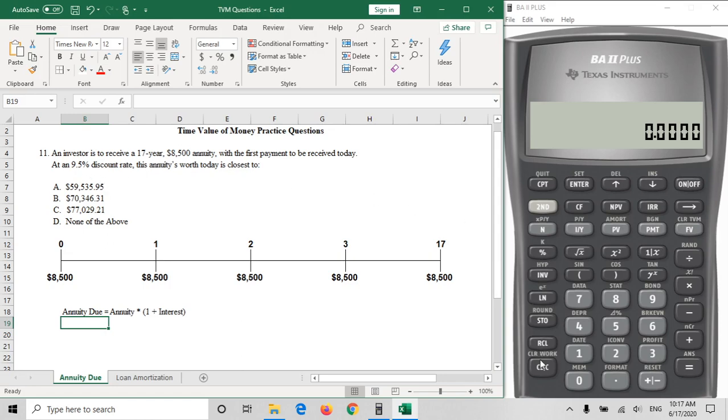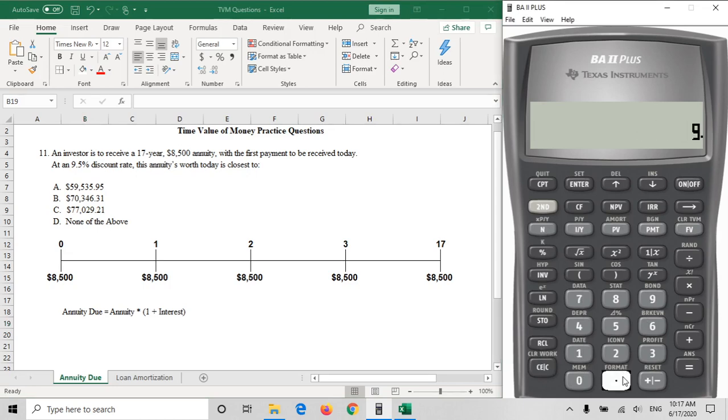Put here our discount rate, future value equals 0, and then our payment goes here. Here I use a positive sign because this will be a cash inflow, right?